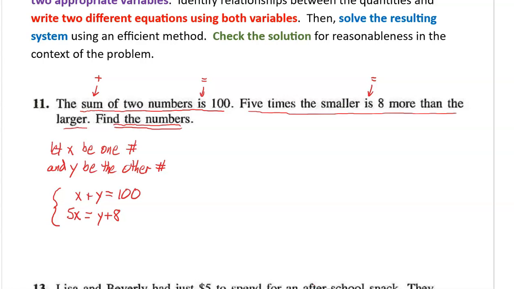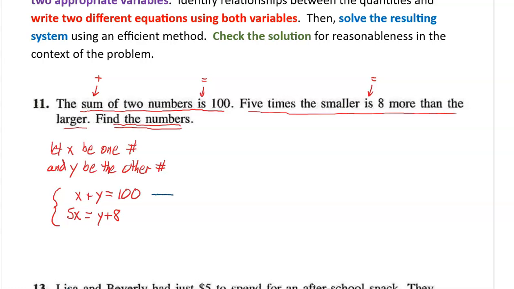One of the methods that we've learned about is graphing method, but graphing method is perhaps not so great here because 100 is a very large number. Another method that we know about is substitution method. In substitution method, you need to get one of the variables alone in one of the equations.